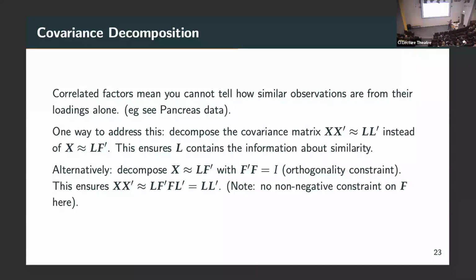So one way to do it is to decompose X as LF transpose with orthogonality on F. Another way to accomplish a similar goal is to directly decompose the covariance matrix instead. So these are closely related. And for various reasons I won't talk about, we actually do this often.